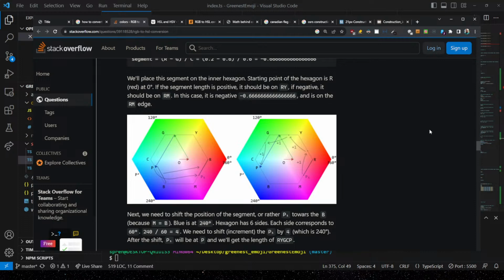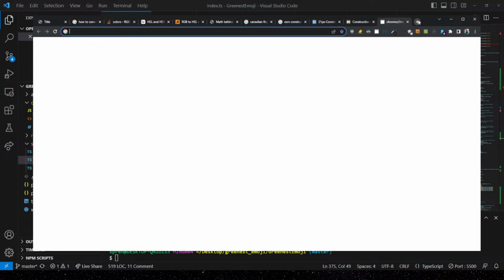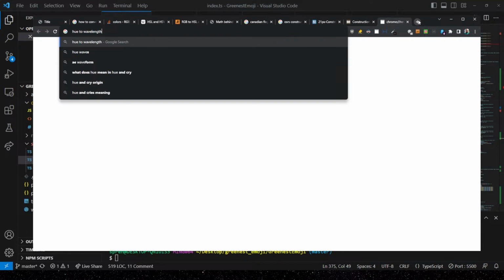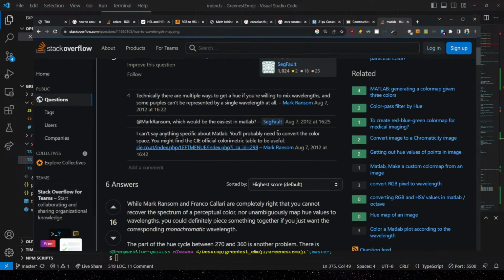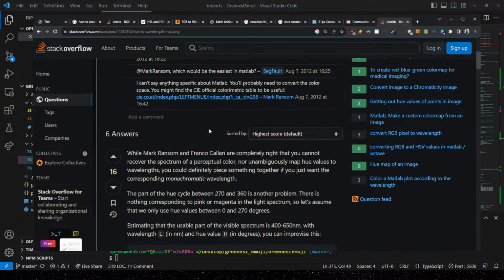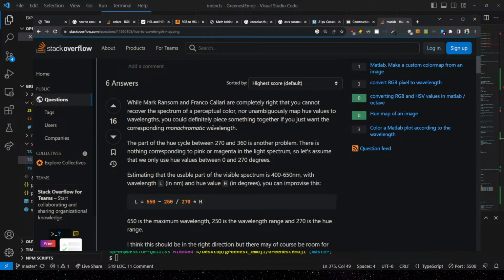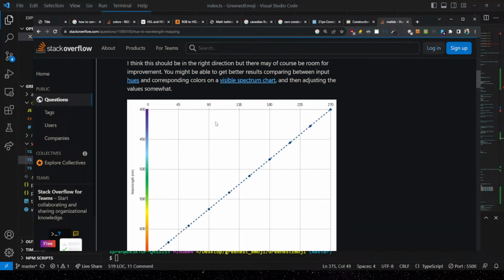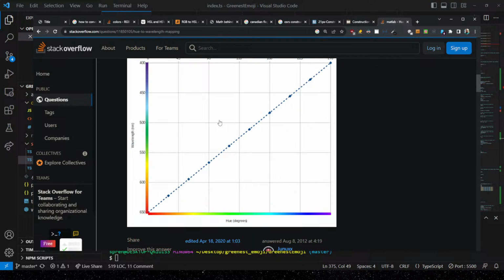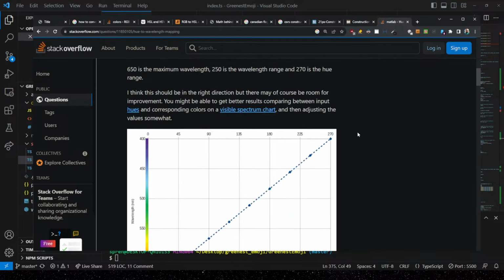You have to measure the wavelength. Yeah. Can we get a hue to wavelength conversion? Yeah, somebody did it.